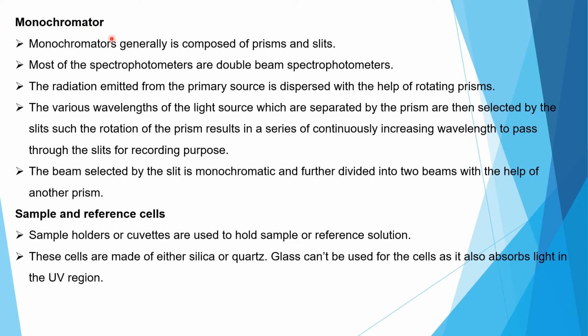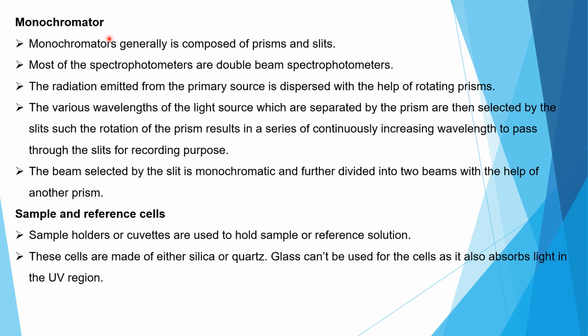Now monochromator, polychromatic. Poly means many, chroma means color. So colors means nothing but the wavelengths available for the given type of source of radiation. Every radiation will have a different wavelength, and this polychromatic light has to be converted to monochromatic light.